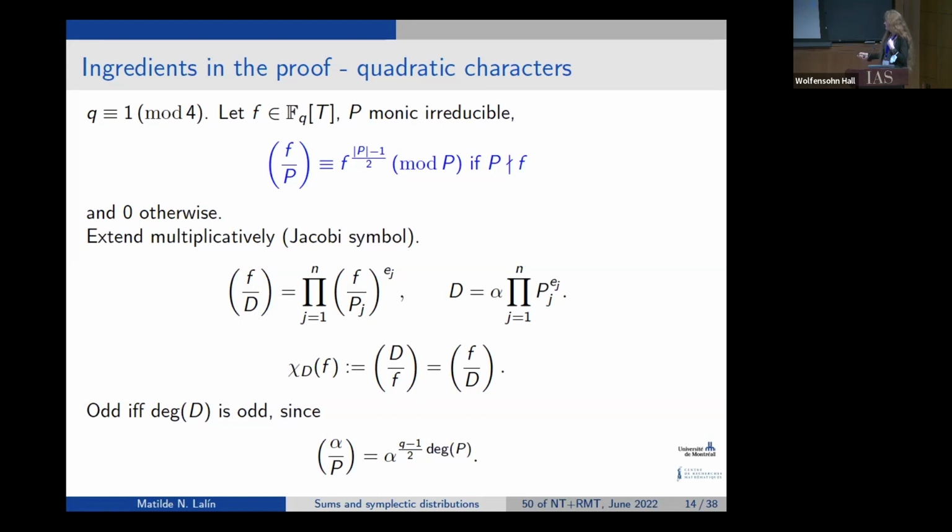Actually, what I wrote here should be for D square free, sorry. But when the degree of D is odd, then the character is odd. What it means is that it will give something non-trivial on the constants of F_q. So this is also something that is relevant.